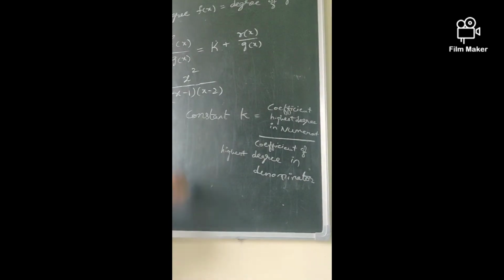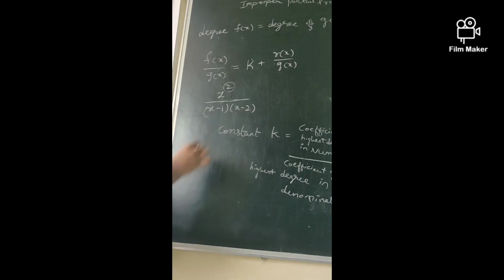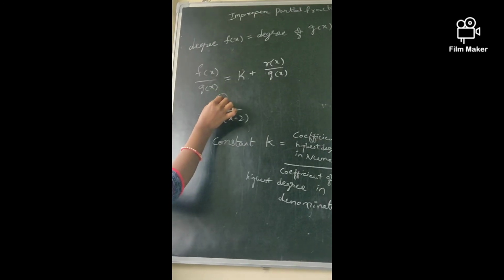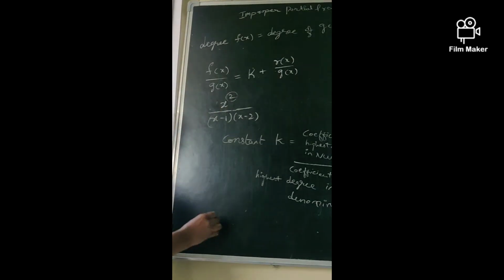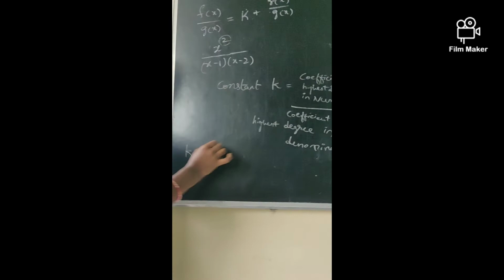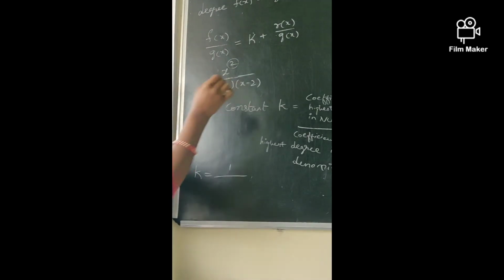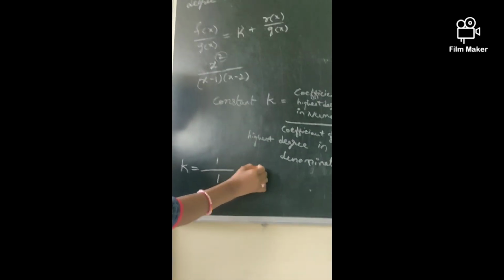So here the highest degree is 2 and the coefficient is 1, and in the denominator also x square, so the highest degree is 2 and the coefficient is 1. So the k value is 1.